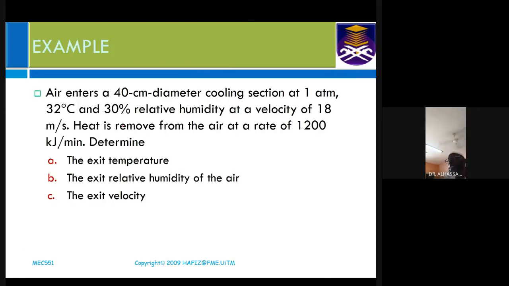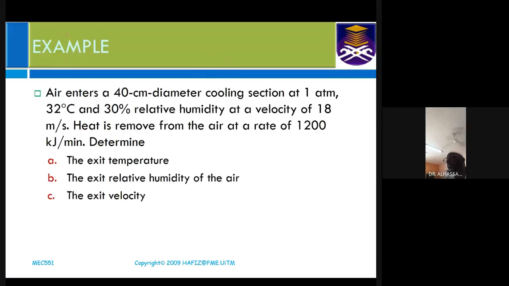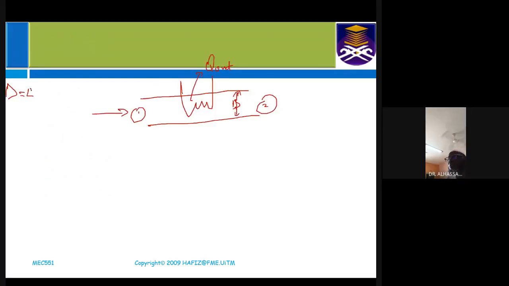Okay, and we are told that now the diameter of the duct is given. This is the diameter. What is this diameter? D equals 40 centimeters. So in meters, we divide by 100, 0.4 meters.